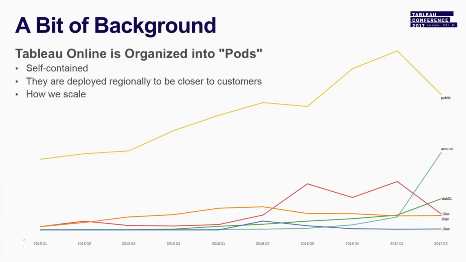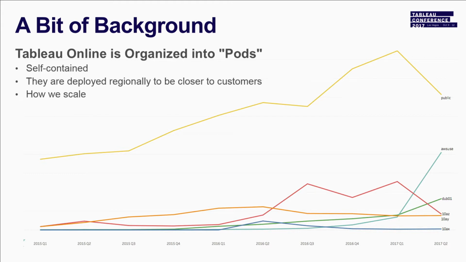Okay, before I get too far into the pieces that we built, it's good to talk a little bit about how Tableau Online is organized, because otherwise parts of the talk aren't going to make sense. So Tableau is organized into pods. These are self-contained units of a large number of servers, but they really just function as one Tableau server.